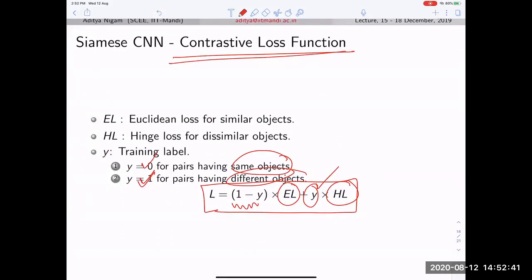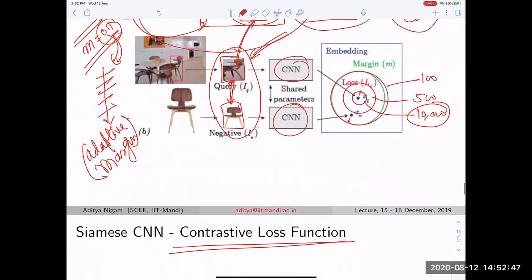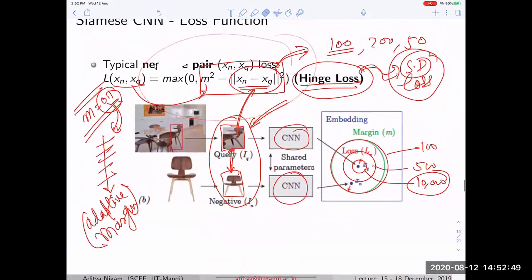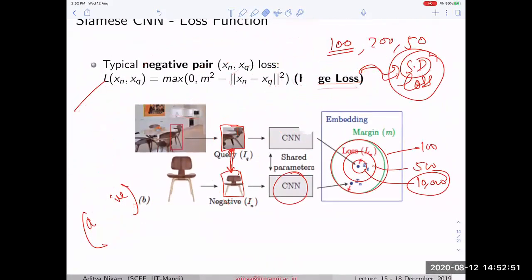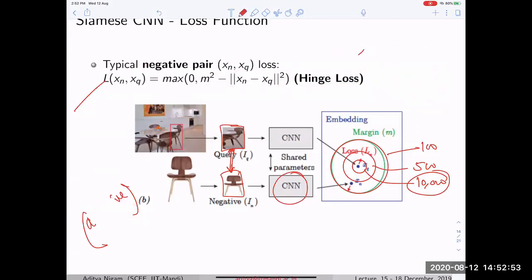In the case of contrastive loss, Euclidean distance and hinge loss, both of them are going to be used. Hinge loss is just saying a very simple thing to you: if they are coming from two different things, then the distance between them has to be more than m, then there is no loss.